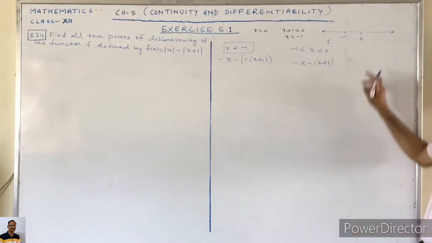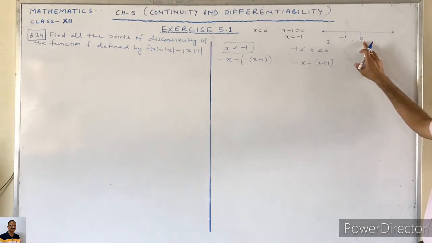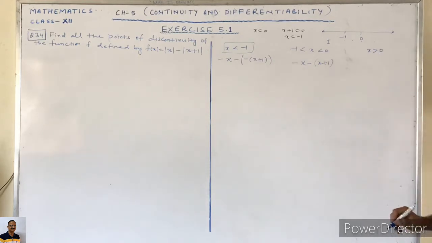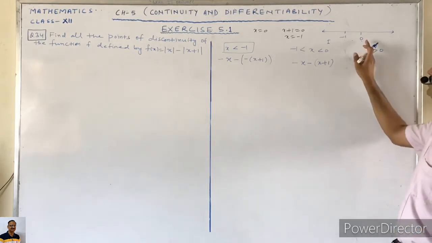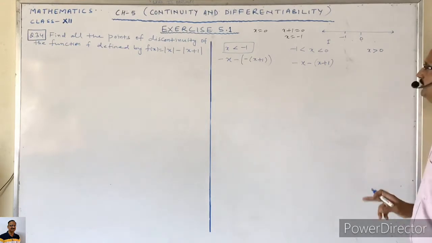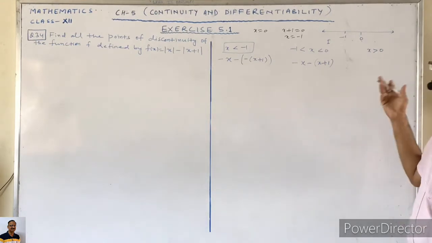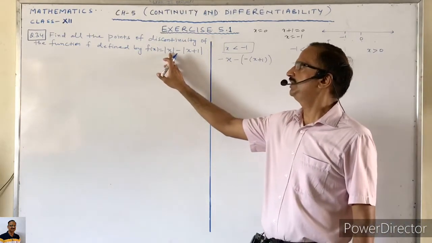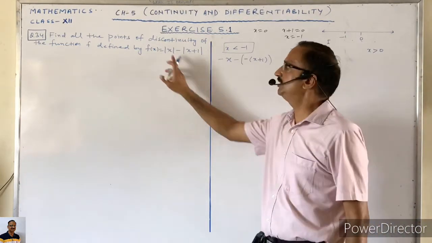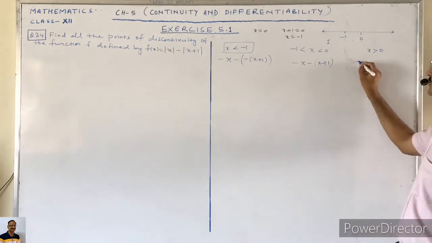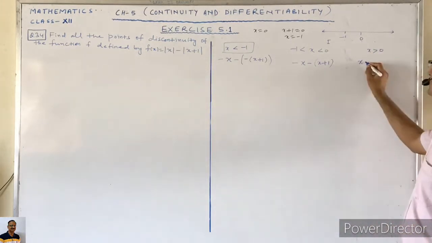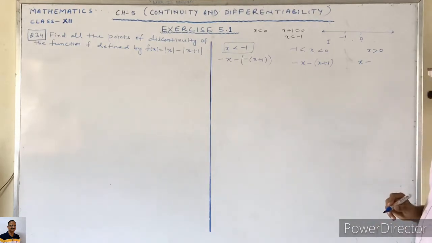Okay? Now when x is greater than 0, the values are positive, suppose 1, 2, 3 like this. So when we put 1 here, then it is positive. It means it is x. Now this is the minus sign given in the function.